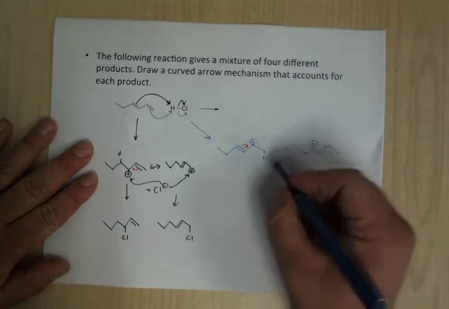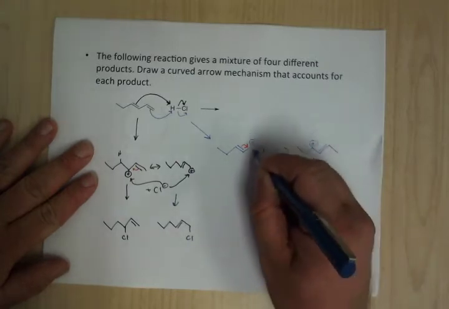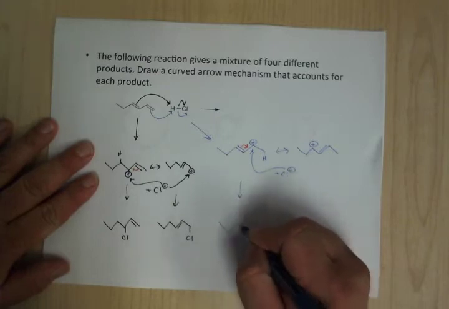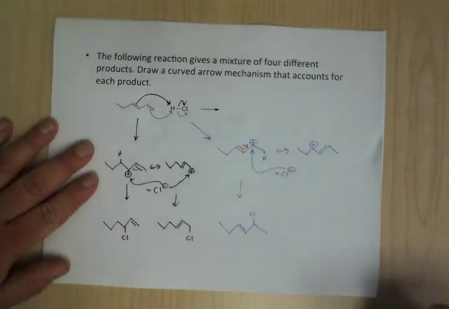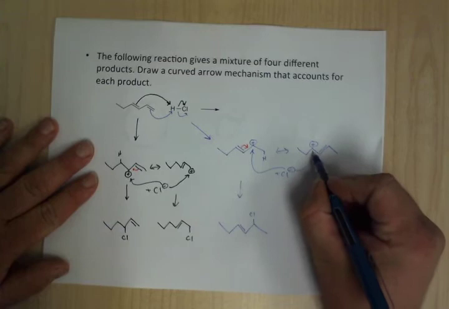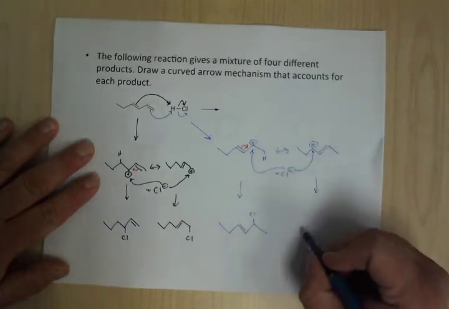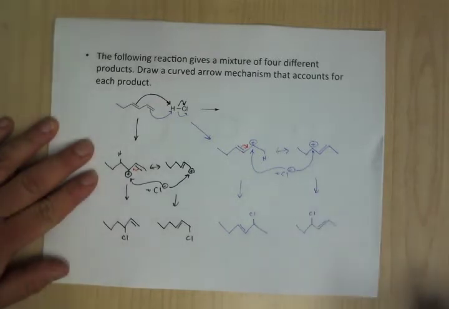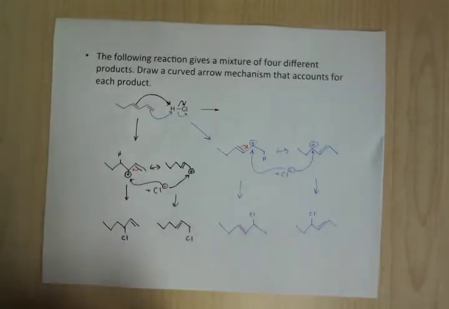If the chlorine sees this resonance structure, it'll make this chlorine product. If it sees this one, it can attack there to make that. So that's how you do every single one.